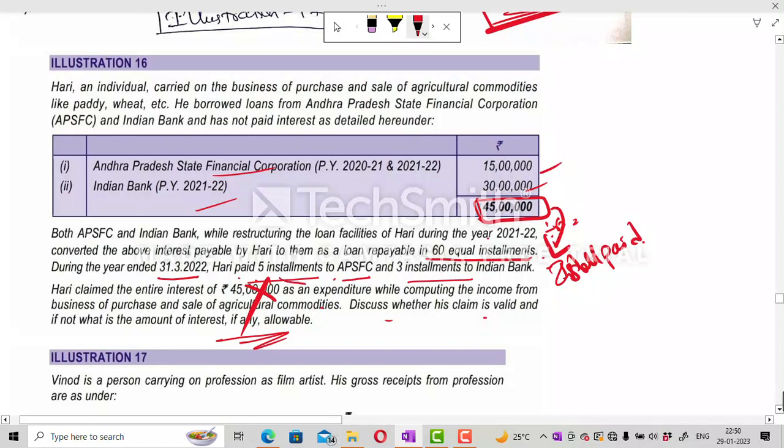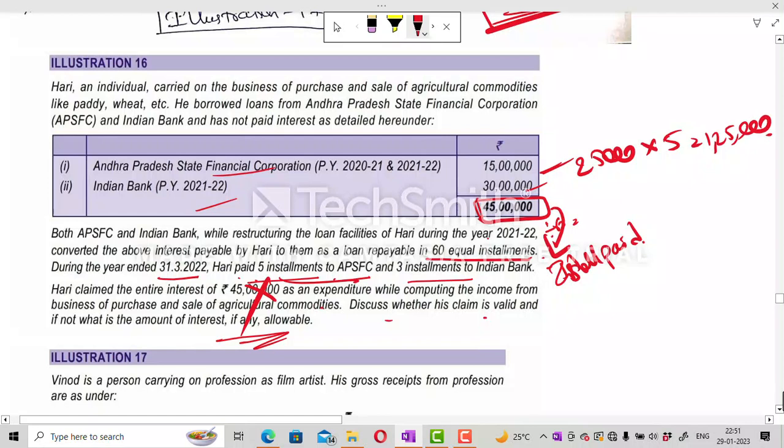So they have given 5 installments of SFC. SFC is 15 lakhs. See, 15 lakhs divided by, they gave a chance to pay in 60 installments. So each installment is 25,000. They said he paid 5 installments, means 25,000 into 5 equals 1,25,000.